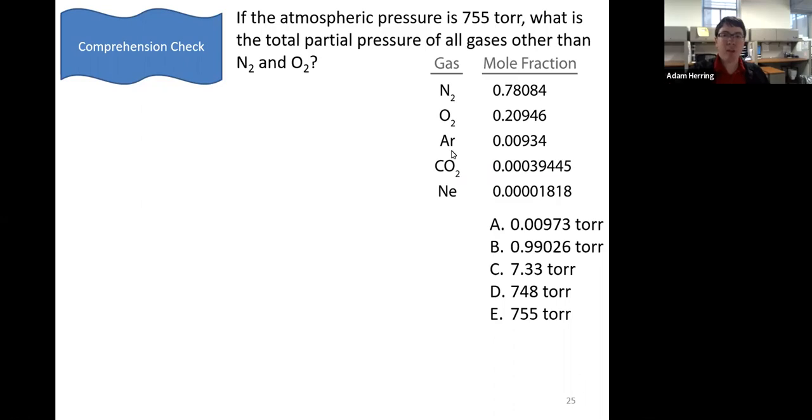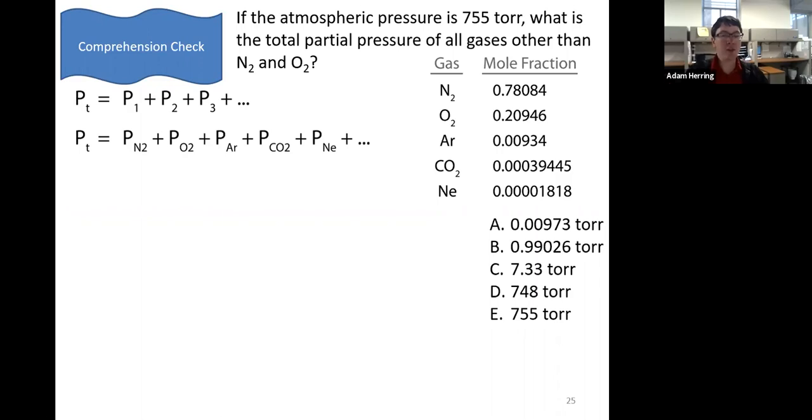Welcome back. So if we're given an atmospheric pressure of 755 torr, what's the total partial pressure of all the gases other than nitrogen and oxygen? Well, using Dalton's law of partial pressure, we know that the total pressure is the sum of each individual pressure.